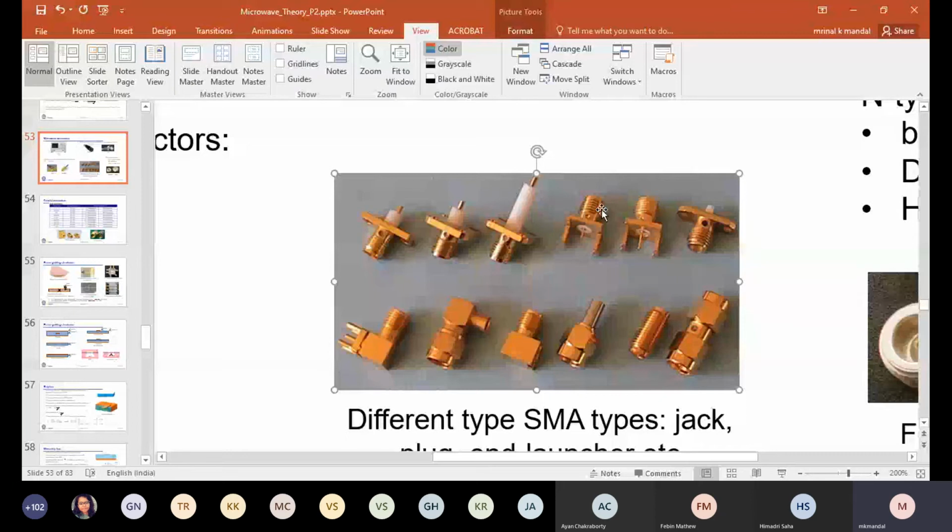But this side where you are connecting cables, we have two options, male or female. In most of the cases we want female. So SMA end launcher, female, and it is a jack. You have to mention all this, otherwise the suppliers will be confused. In most of the cases, suppliers are not microwave engineers. They will just go by names.